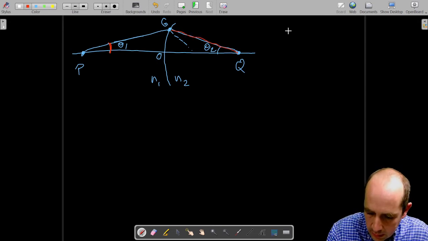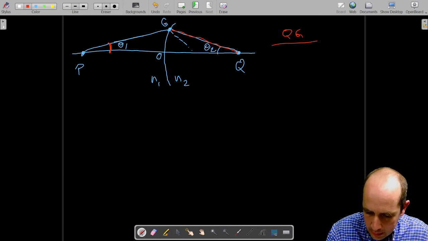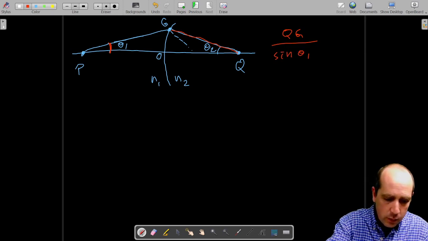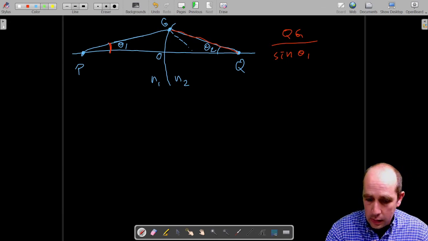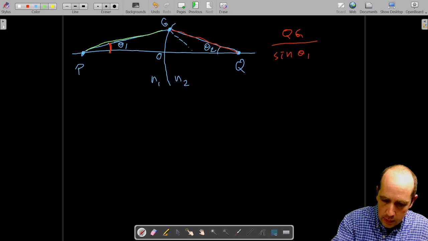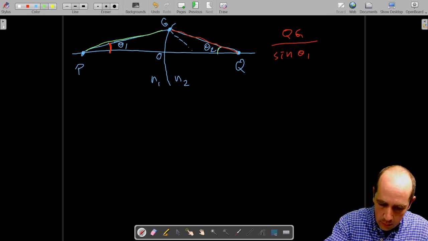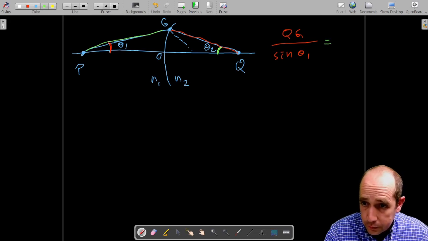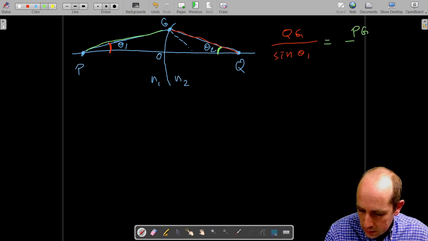So we have QG divided by sine theta 1 equal to PG, this side, divided by the sine of this angle over here, so PG divided by sine theta 2.